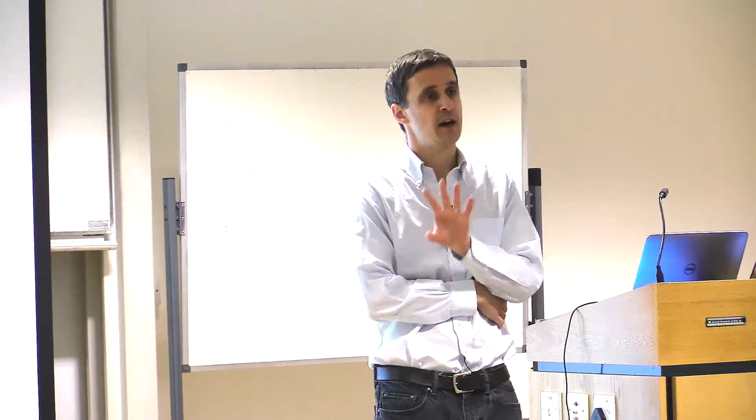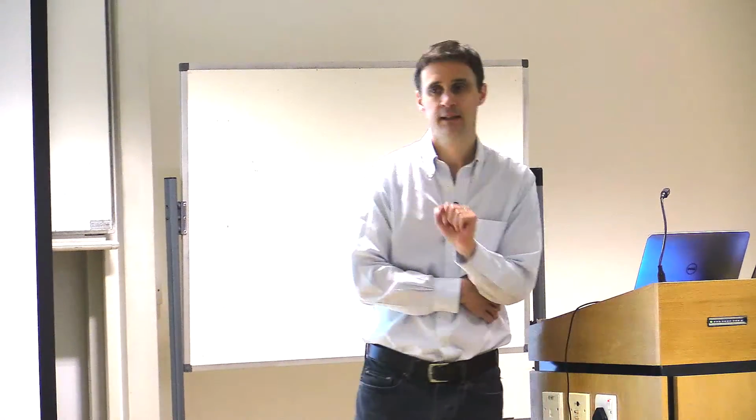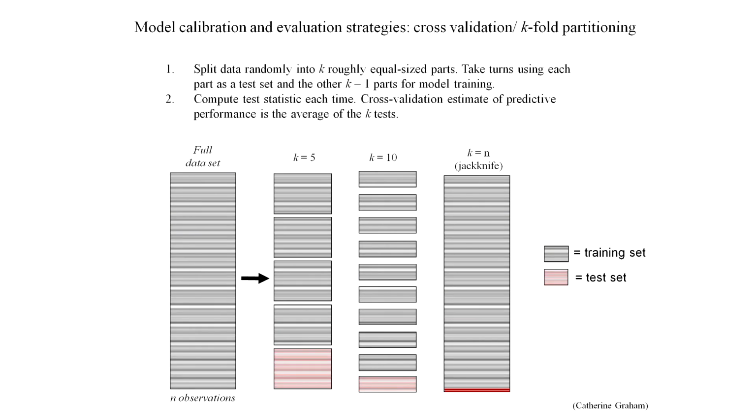And those of you who are interested in reading that paper, in effect, what we talk about in that paper is a jackknifing approach where we set k equal to n, where n is the number of points that we have. So what we actually do is each partition is just a single point. So if we've got 15 points, we run 15 models, each time leaving 1 point out, and we test how well we can predict that 1 point based on the other 14. Conceptually, that's fairly straightforward.